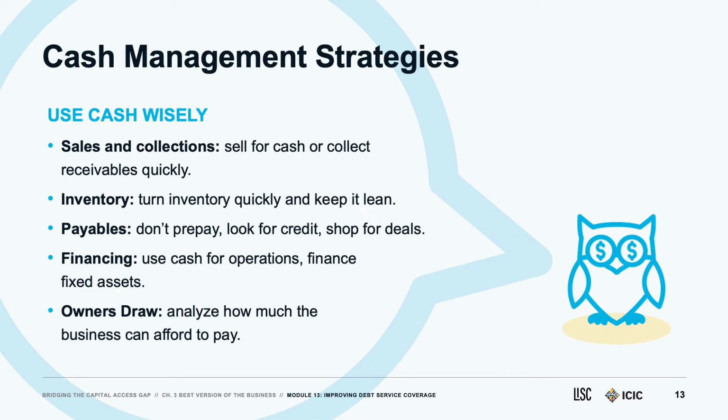And finally, owner's draw. Work with your business owners to figure out how much owner's draw they can actually afford. I worked with these two women who had an applique business where they could applique logos and names on t-shirts and baseball hats and things like that. And they did the right thing. They capitalized their business with an initial investment and bought the machinery and supplies, because they didn't understand how this worked.